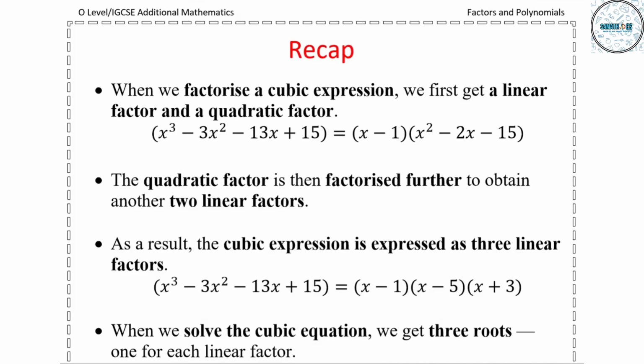As a result, the cubic expression is expressed as three linear factors. So x cubed minus 3x squared minus 13x plus 15 can be written as x minus 1, x minus 5, x plus 3. This x squared minus 2x minus 15 is to be factorized into two factors.